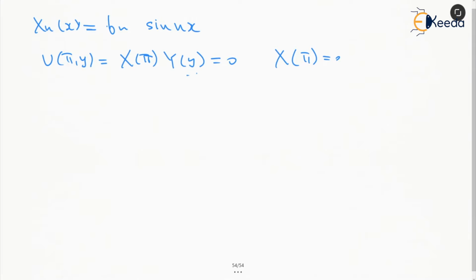And if we check this X of x, for b_n sin nx for x equal to pi to be 0, this n has to be an integral value: sin pi, sin 2 pi, sin 3 pi, and so on, right? So a few things we can say is, at one place we are taking lambda_n equal to n square, and secondly n has to be 1, 2, 3 and so on, right?